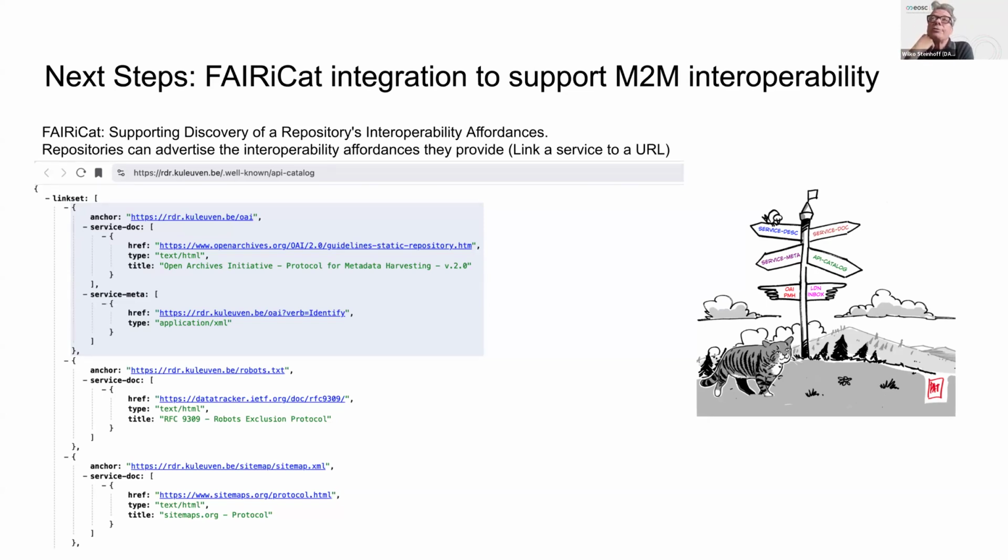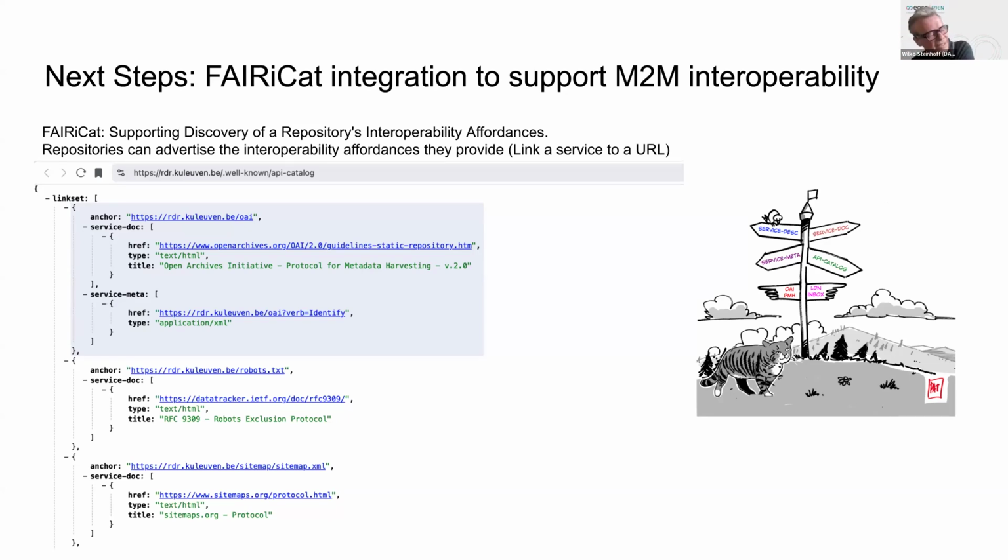FAIRiCAT is about supporting discovery of a repository's interoperability affordances. So repositories can advertise the interoperability affordances that they provide, and they do so by linking a service to a URL.